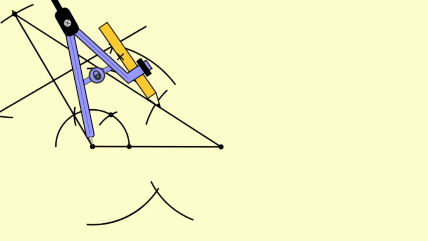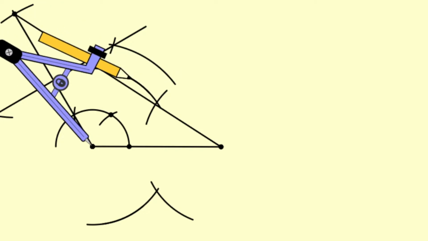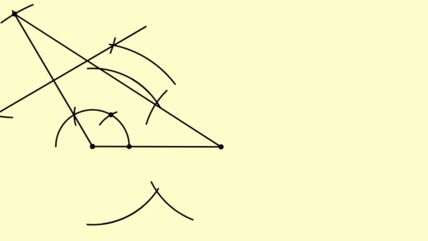Both the arcs should intersect each other, so that point of intersection we have to get. Only then we'll be able to join. Now I have drawn the perpendicular bisector of AC as well. So here I'm just going to extend because I need the point of intersection where the perpendicular bisector of AC and the perpendicular bisector of AB are meeting.